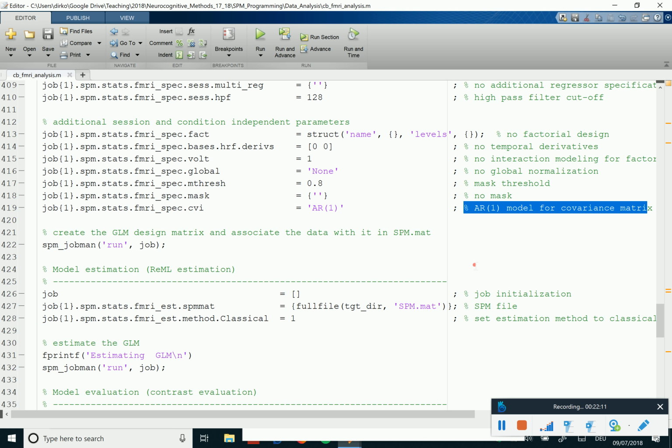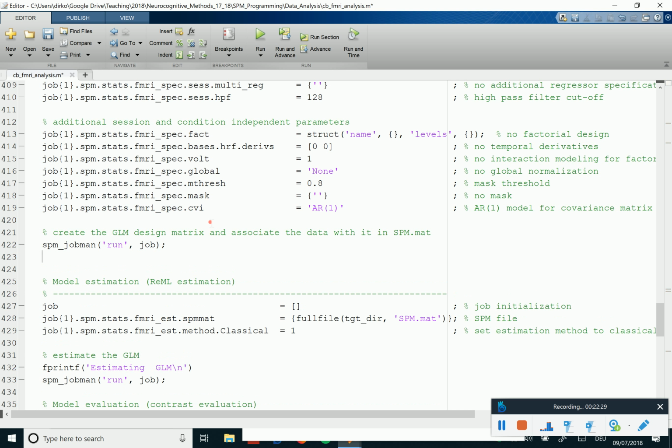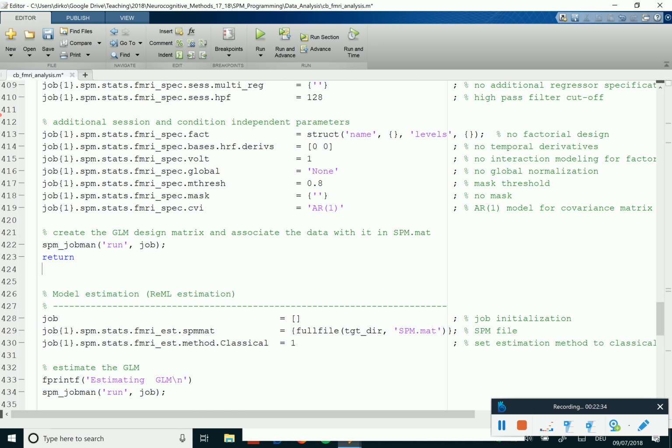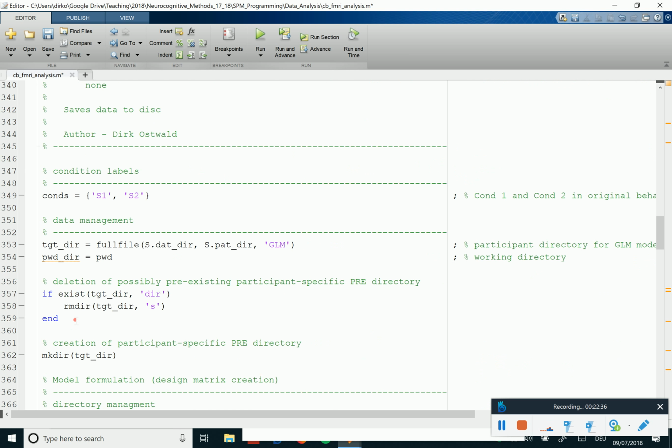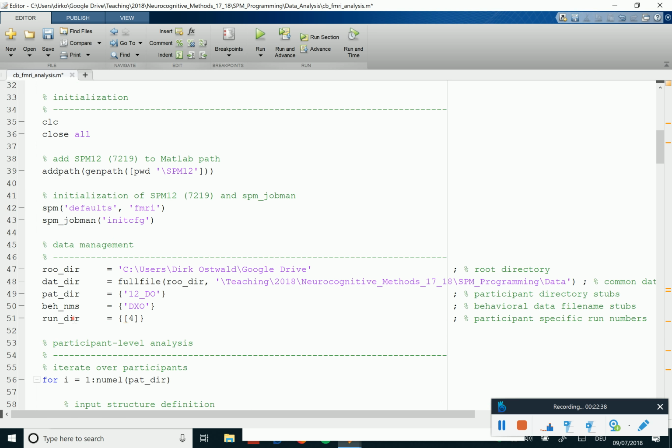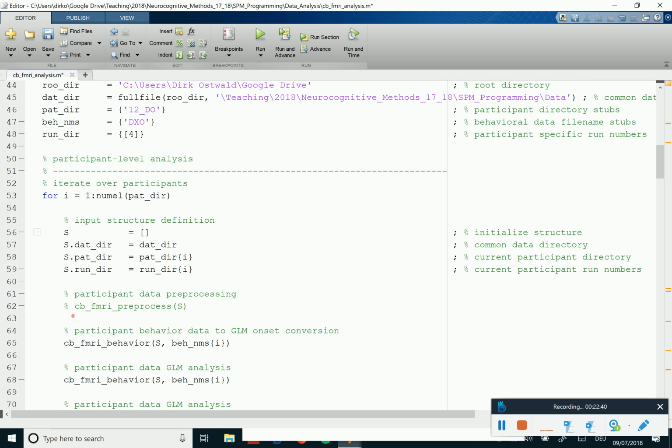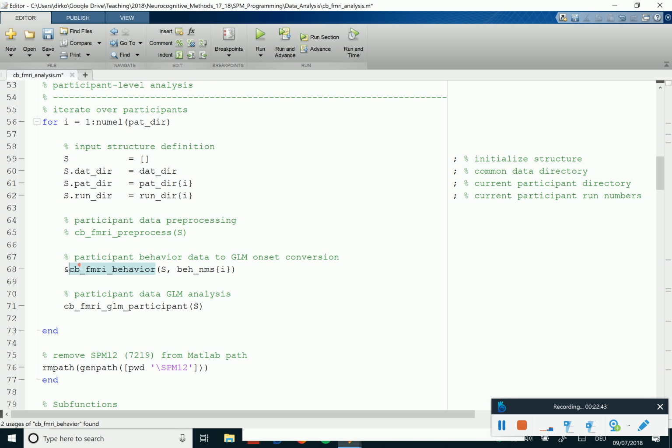But you can also find this in the Friston 2002 paper B, to some degree. And then the whole thing just formulates the GLM. So let's end the thing here, and let's run it so that you see what this actually does. This we also don't need to run right now.